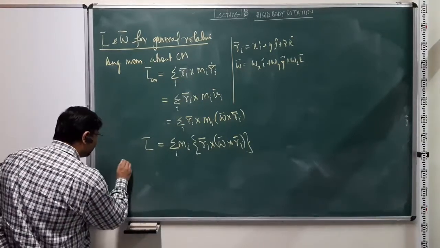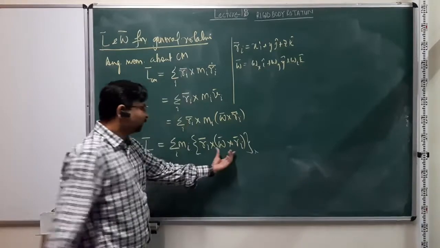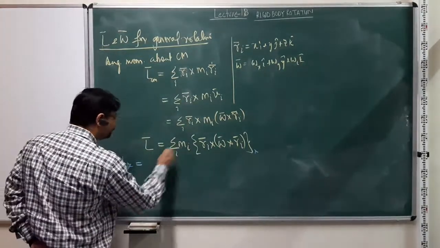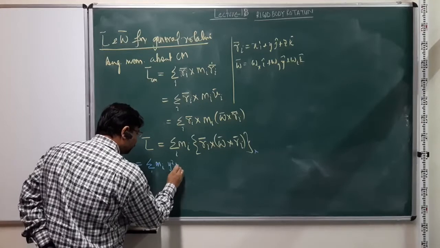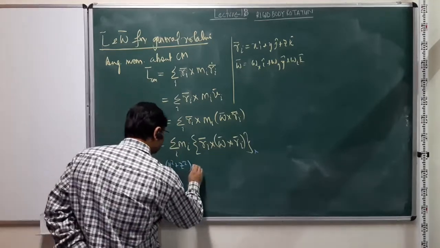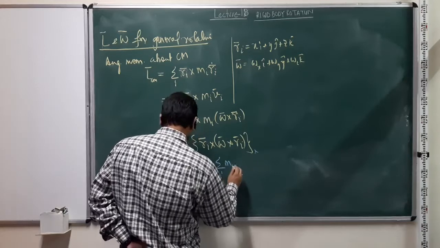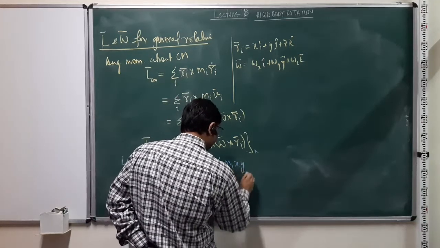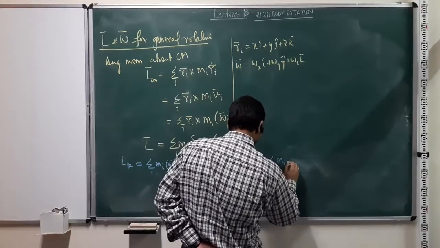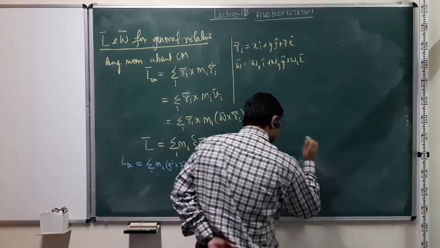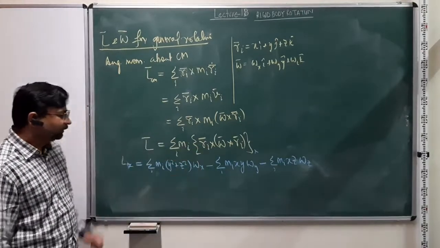And what we'll get is L_x, the x component of this expression, and that would be sum over i of m_i (y squared plus z squared) omega_x minus sum over i of m_i x y omega_y minus sum over i of m_i x z omega_z. So you can try to show that if you take this cross product, this is what we are going to get.